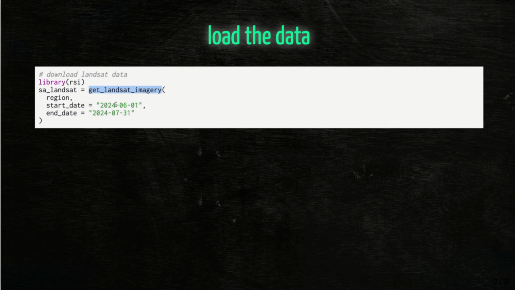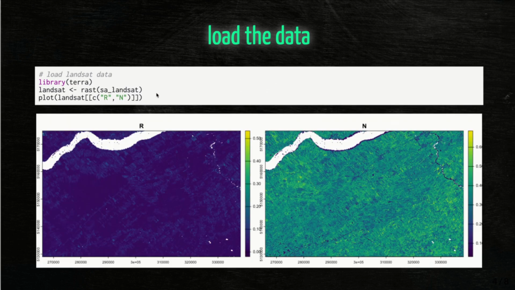You can of course get much more precise in the query you want by adding options to your function. So if you run this API call, you are going to get an object which is saved on your computer.